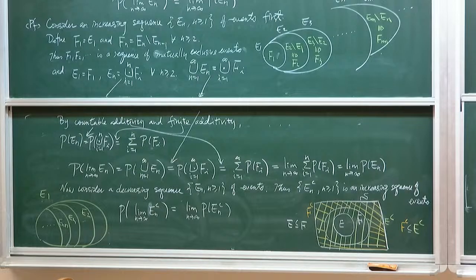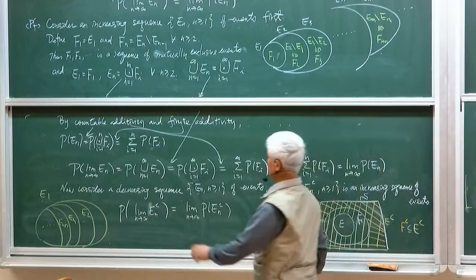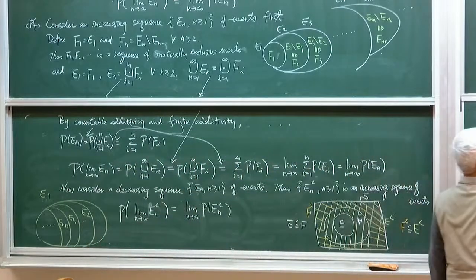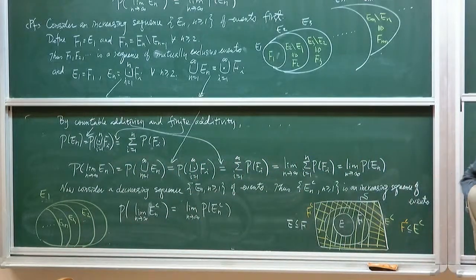We know that. And 1 minus the probability of the limit as n goes to infinity of En. Because En is decreasing, the limit of En is just their intersection. Okay? Now, so we go back to here, the left-hand side. Okay?